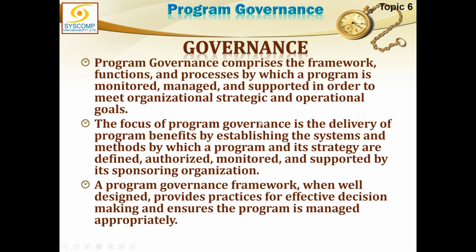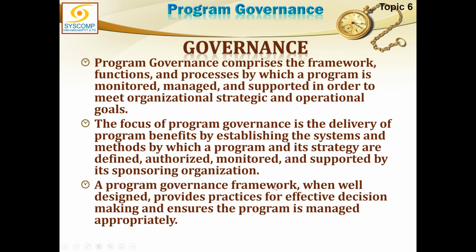So the focus of program governance is the delivery of program benefits by establishing the systems and methods. So who is going to establish the systems and methods? That is the responsibility of the program governance, by which a program and its strategy are defined, authorized, monitored, and supported by its sponsoring organization. How it is to be defined, authorized, monitored, and supported is all generically given in the program governance structure.